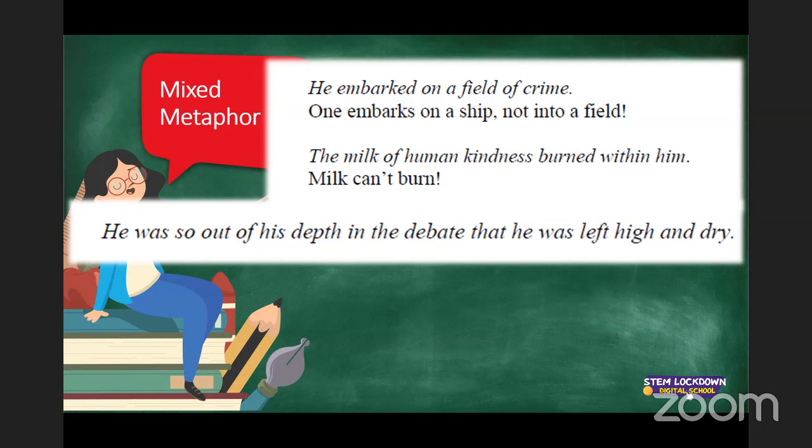Okay, but if you, for example, want to create a comic effect, you may mix the metaphors to, for example, develop characterization for that comic effect. So just be clever and be very careful when you mix your metaphors.